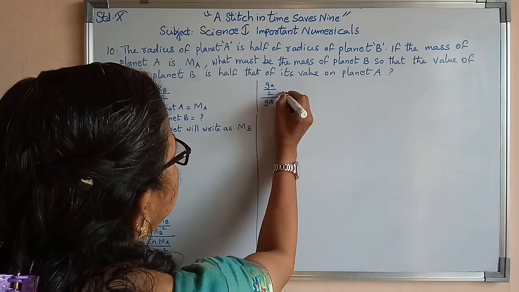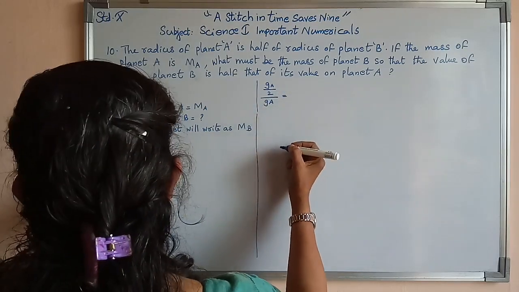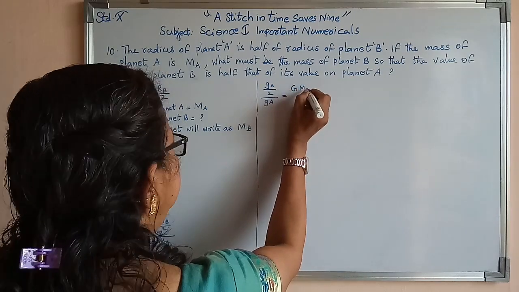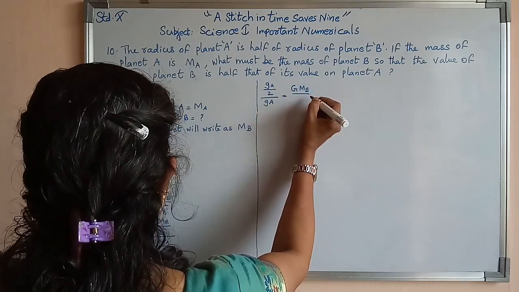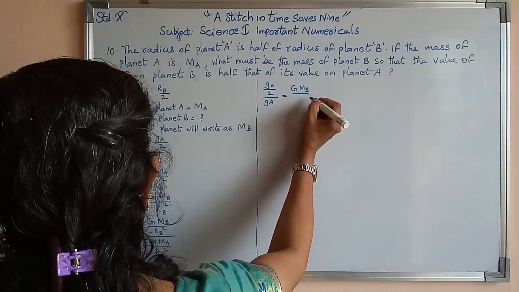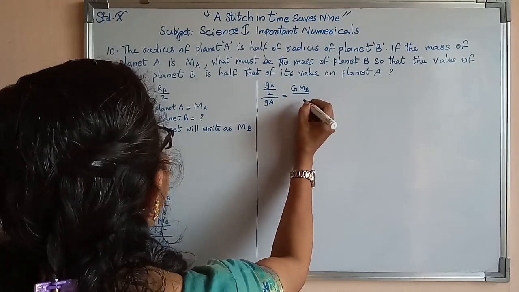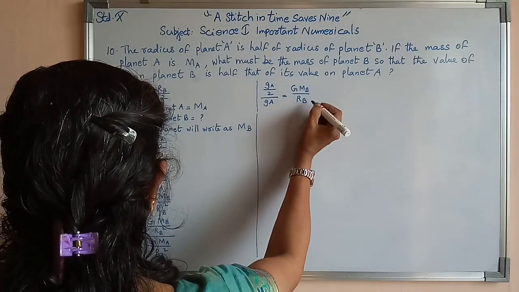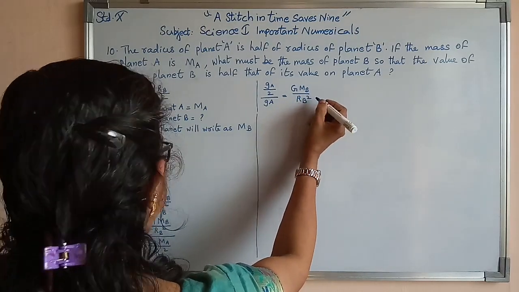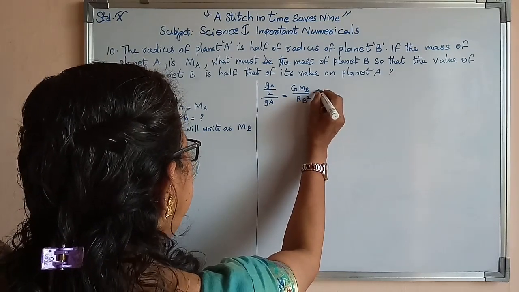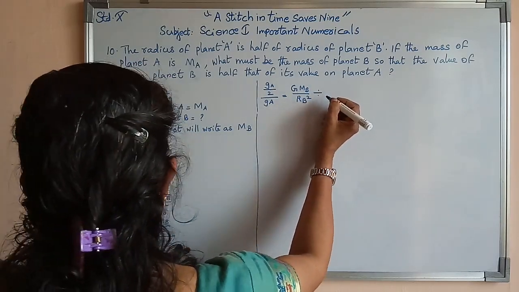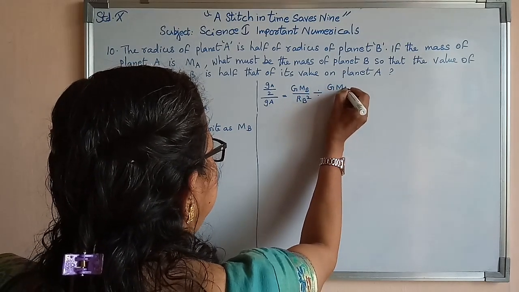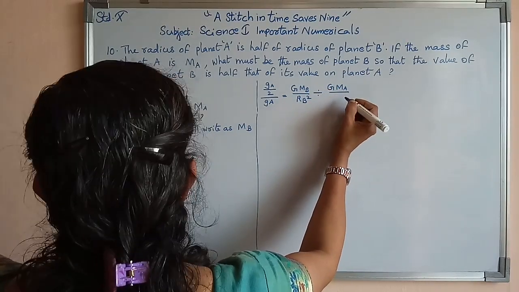That is equal to G Mb upon RB square, the same RB square, divided by G Ma upon RA square.